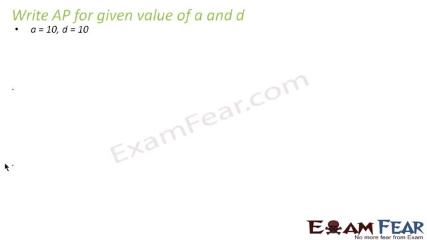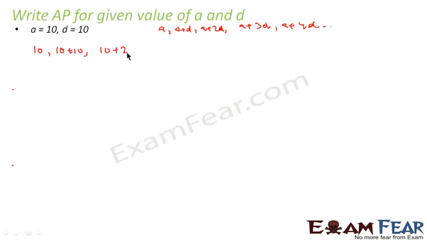So, the AP terms we know are nothing but A, A plus D, A plus 2D, A plus 3D, A plus 4D in such fashion. So let's do the same thing. First term is A, that is 10. Second term is A plus D, that is 10 plus 10. Third term is A plus 2D, that is 10 plus 2 into 10.